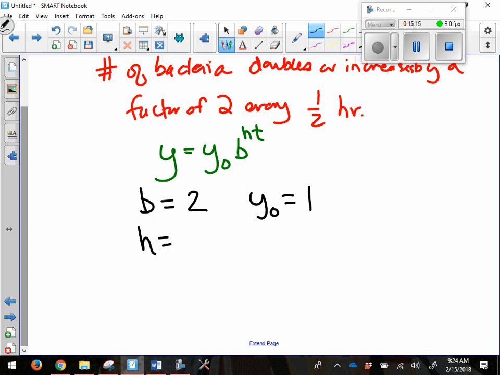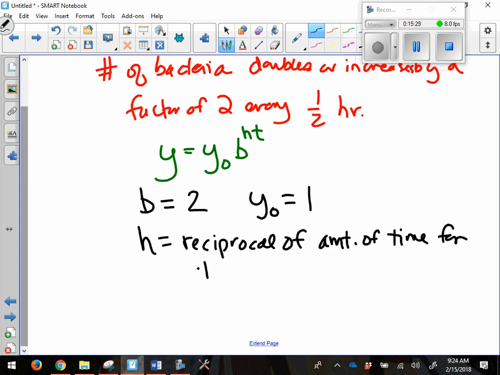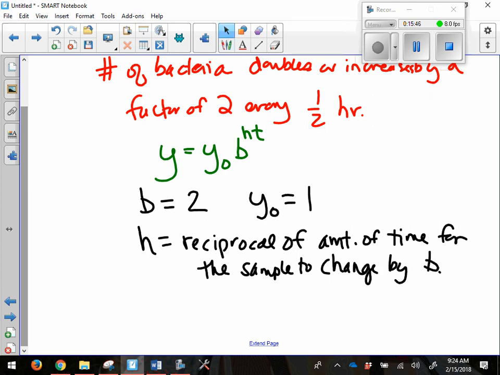You have to remember that h is the reciprocal, or 1 over, the amount of time for the sample to change by whatever that factor b is. We'll get to t in a minute.